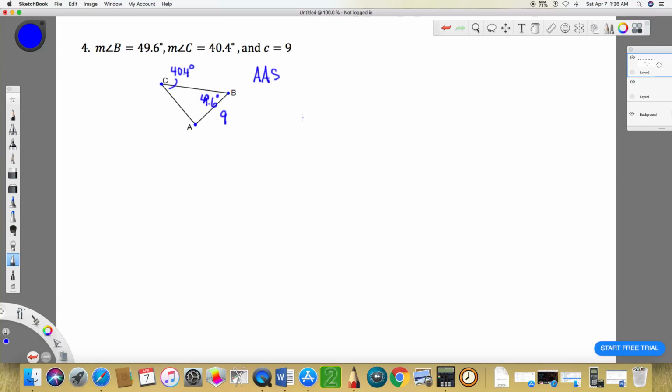So since we have a known pair, we know the c's, we can use the law of sines. We can say that the sine of C divided by c is the same as the sine of angle B over b.